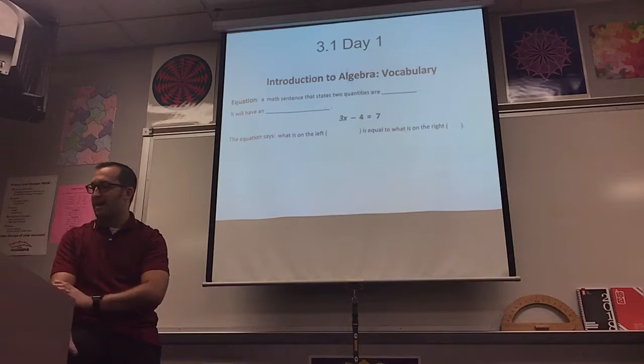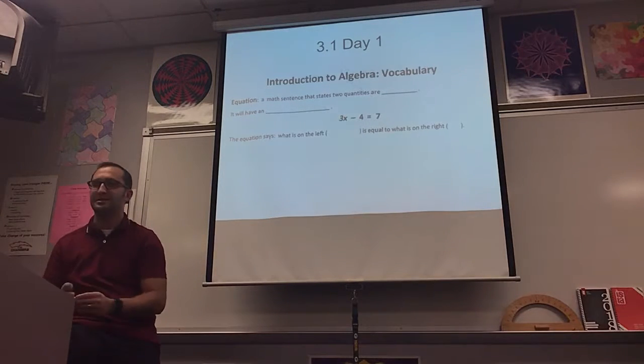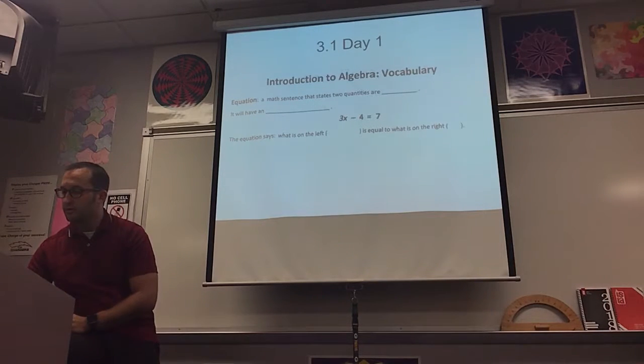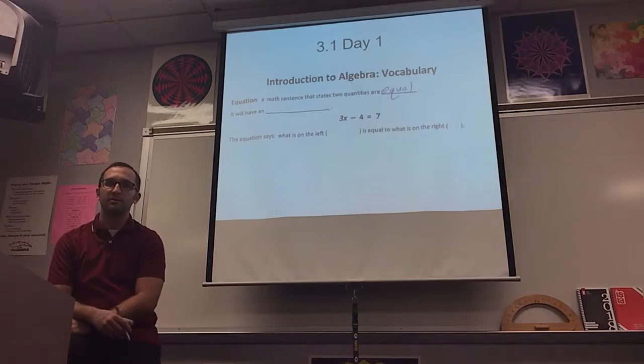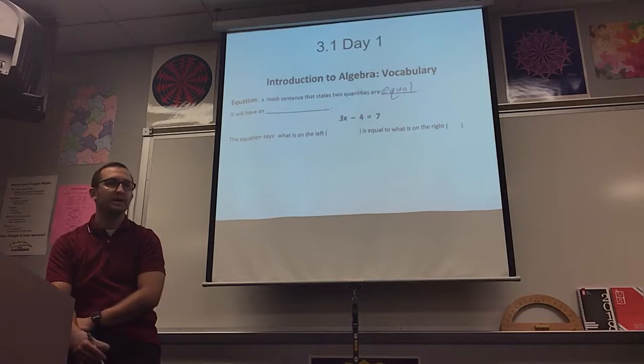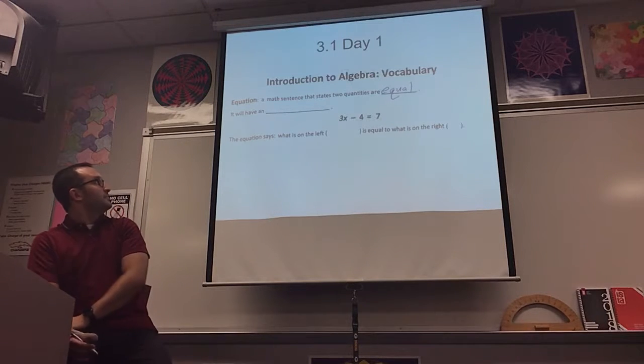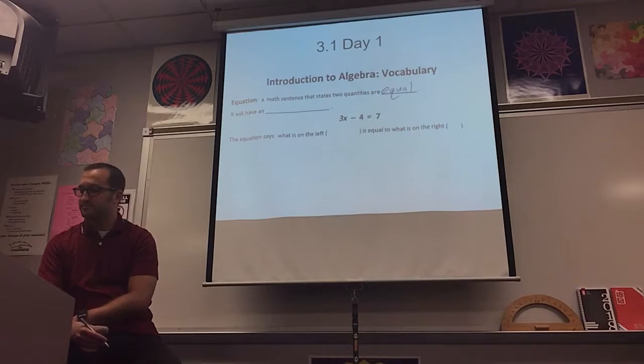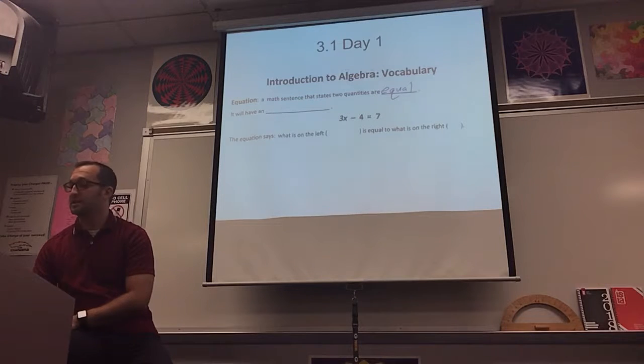An equation is a math sentence that states that two quantities are equal. I wonder if you can see that on the screen. Hopefully you can. It's going to have two sides. It'll have an equal sign, right there.